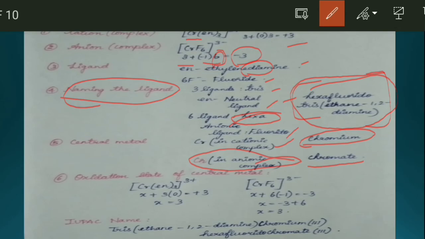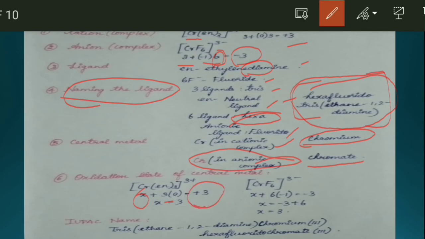First, [CrEn3] 3+. We don't know the oxidation state of the central metal, so we are taking it as X. Ethylene diamine is a neutral ligand, so 0. So finally we get the answer as +3.